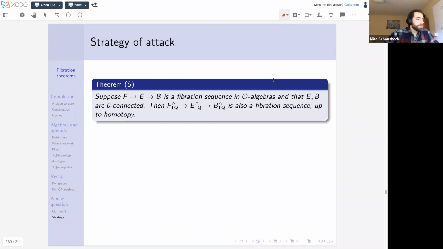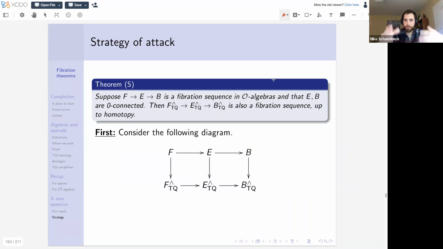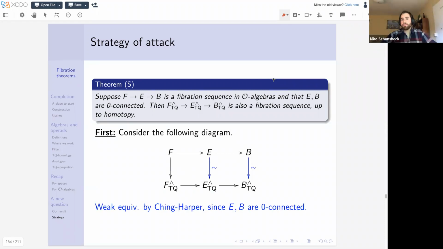So let's see, oh, perfect. I just want to outline sort of the strategy of how to prove this. I'm going to skip the super technical details. But again, we're going to consider sort of the most natural diagram. These right-hand arrows are weak equivalences because E and B are 0 connected. So that was already known.